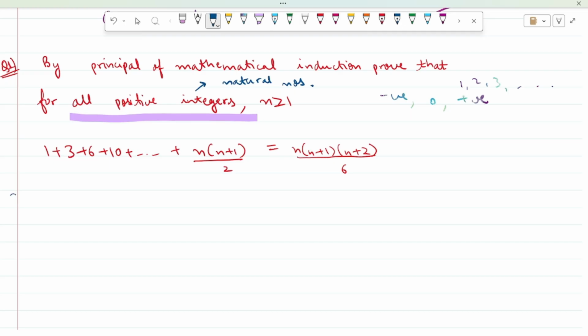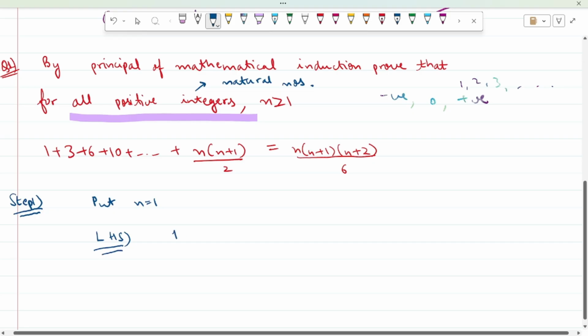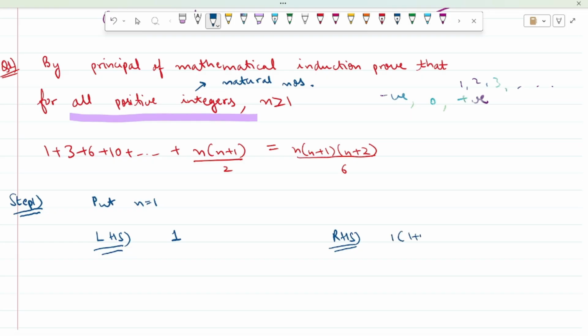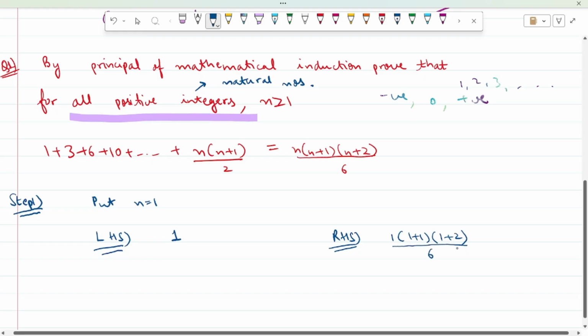Let's check step 1, the base case. Let us put n is equal to 1. On the LHS, what does it give us? 1, right? On the RHS, 1 times 1 plus 1 times 1 plus 2 over 6.